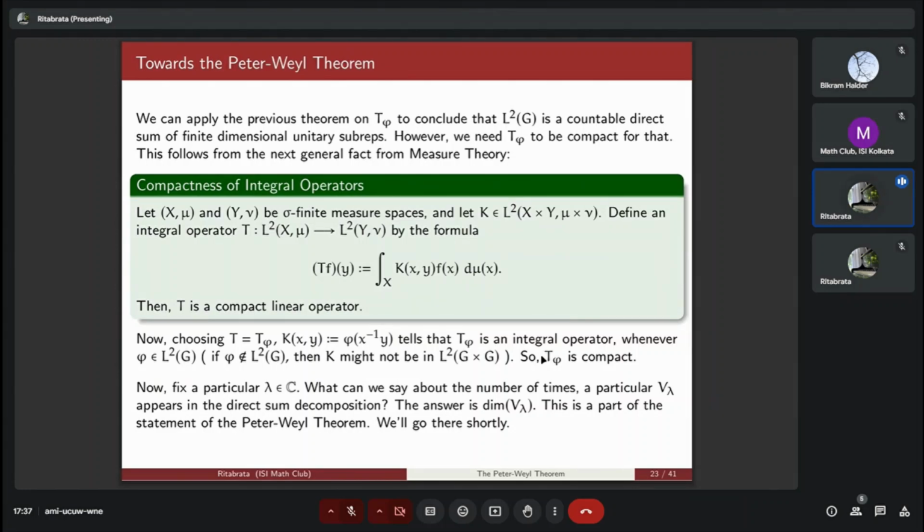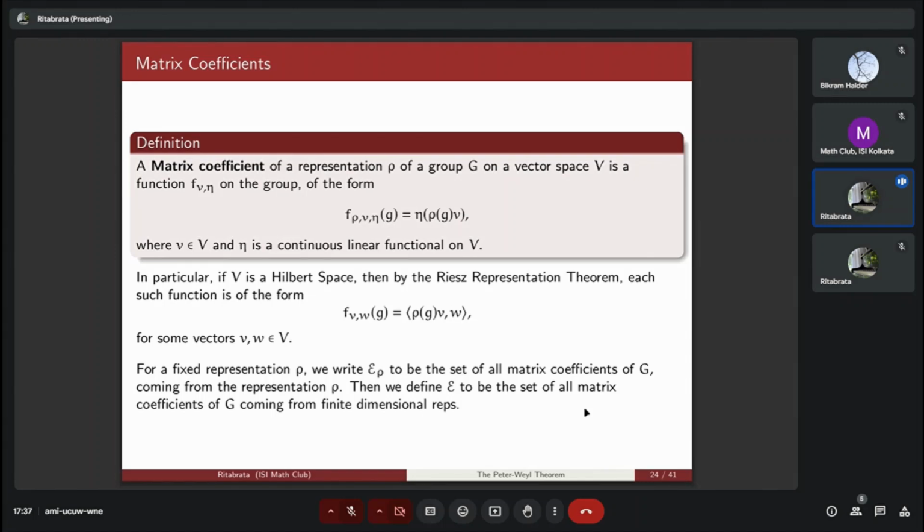So pick a particular eigenspace. What can we say about how many times that eigenspace appears? Finite, countable, uncountable? If finite, how many times? This is a fundamental question. This is one part of the statement of the Peter-Weyl theorem. We'll do that near the end of this lecture. But let's move on.